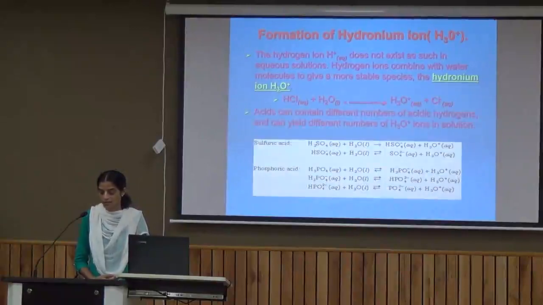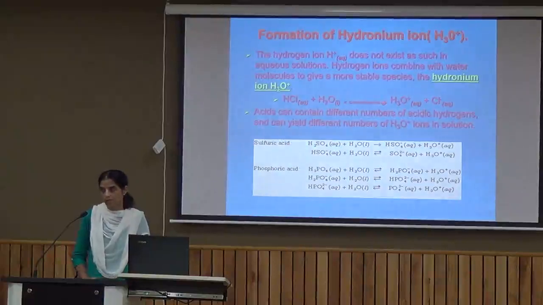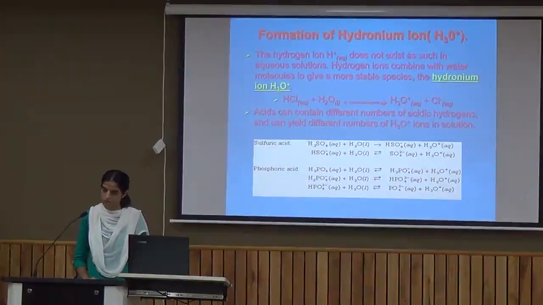If you see this slide carefully, you are seeing that hydronium ion is represented by the symbol H3O+. Now how is this formed? When hydrochloric acid is placed in water, it first forms hydrogen ions and chloride ions.